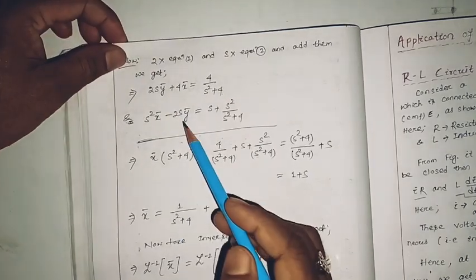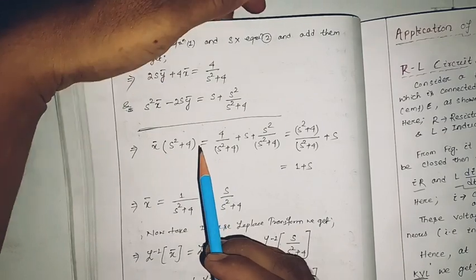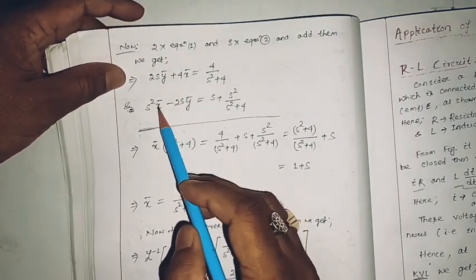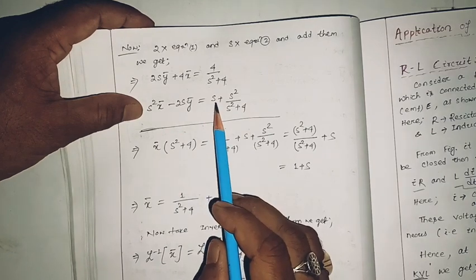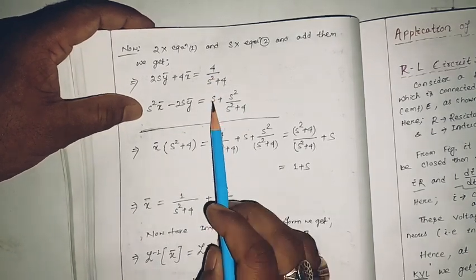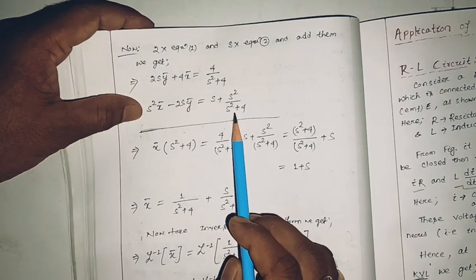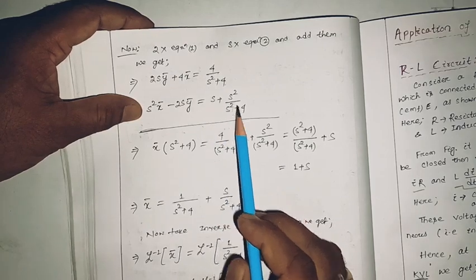And whenever we add, this term will be cancelled out, and here x bar taken common will be s square plus 4, equal to 4 by s square plus 4 plus s square by s square plus 4. So this term plus this term plus this term.